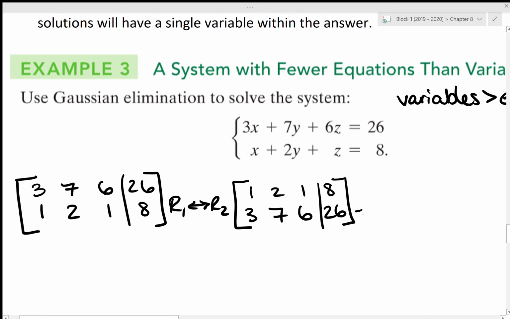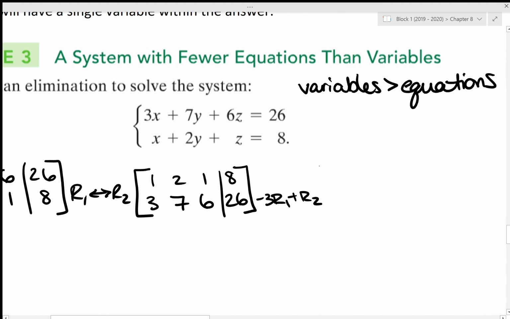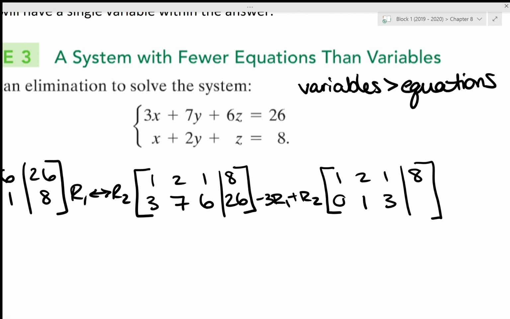So I'm going to do negative 3 times row 1 plus row 2. And when I do that, I'm going to get 1, 2, 1, line 8. And I'll get 0. Negative 3 times 2 is negative 6 plus 7 is 1. Negative 3 times 1 is negative 3 plus 6 is 3. And then we get 2 here.